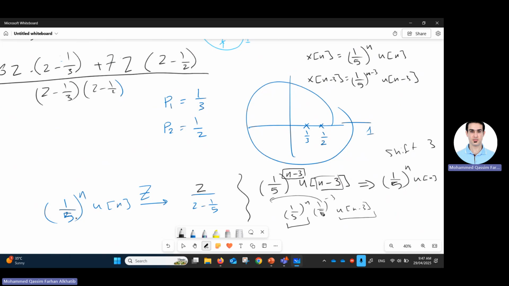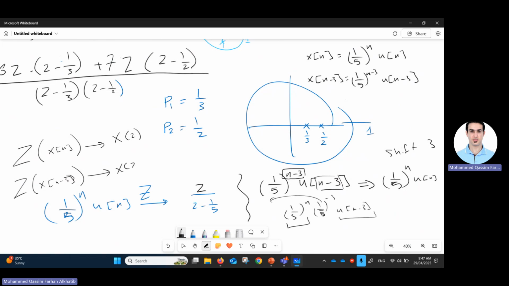So I know that 1 over 5 to the power n u of n will lead to z over z minus 1 over 5. Now, if I'm doing a shift by 3, basically, the Z transform of x of n gave me X of z. Now the Z transform of x of n minus 3, the shifted version, gave me what?